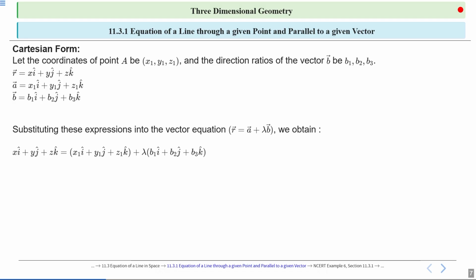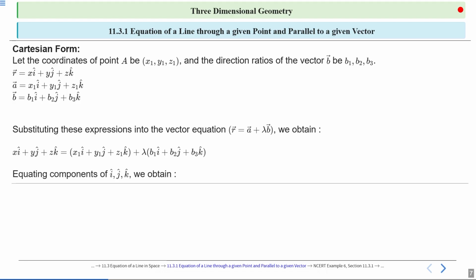After substituting, we get the equation x i cap plus y j cap plus z k cap equals x1 i cap plus y1 j cap plus z1 k cap plus lambda times b1 i cap plus b2 j cap plus b3 k cap. Finally, by equating the coefficients of i, j and k on both sides, we can separate this vector equation into three scalar equations.